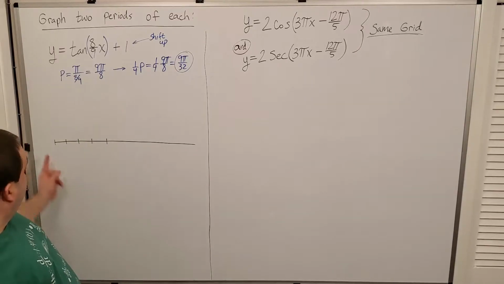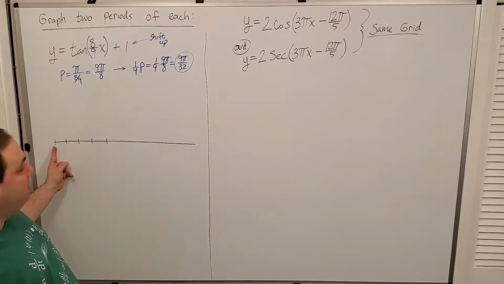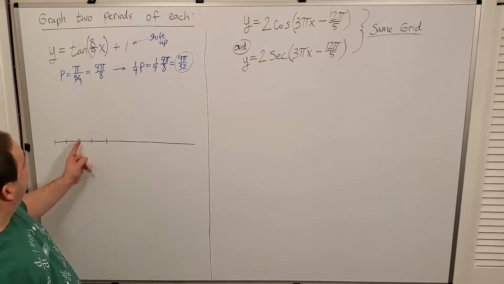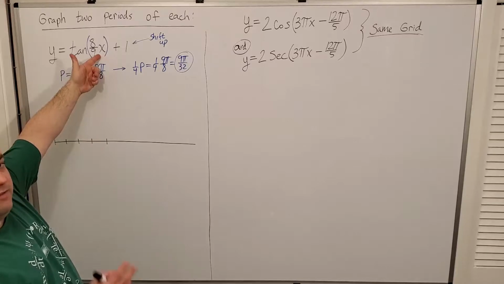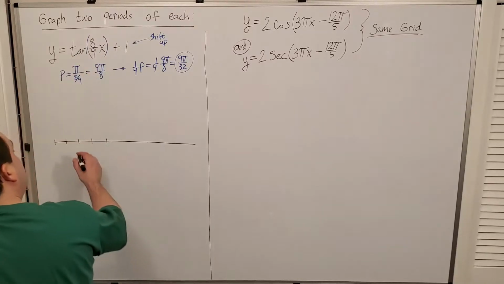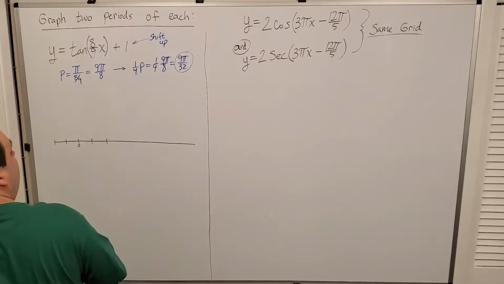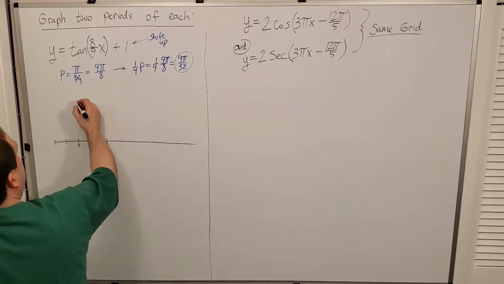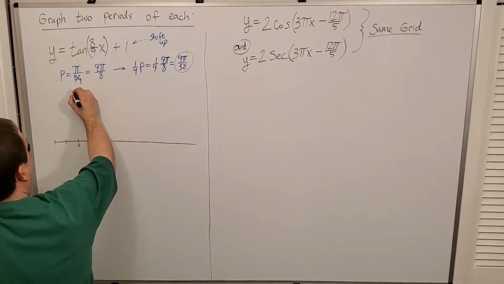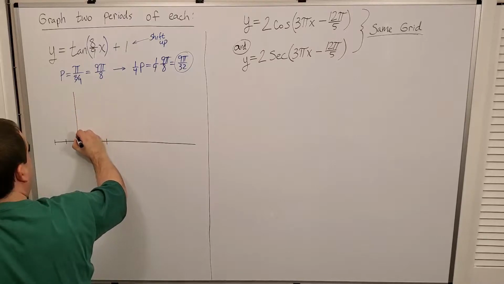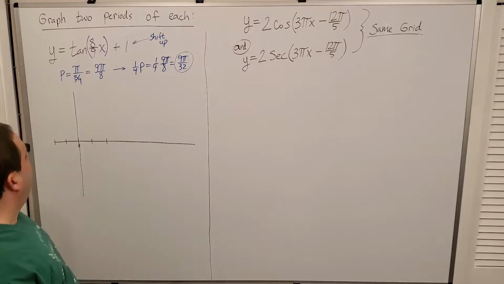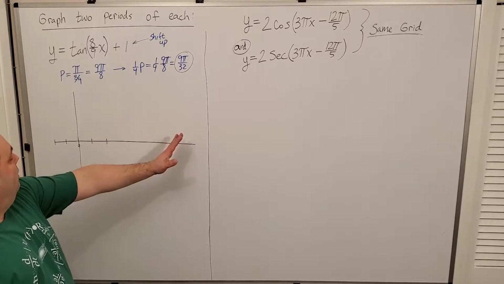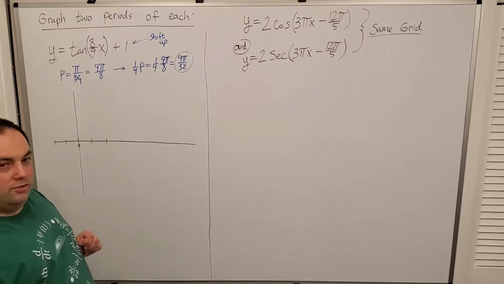If it were cotangent, I would have started here on this end, but here, that's this one. Now, what's nice about this is I don't have a left or right shift, so this is automatically 0, which also means that this is my y-axis here. Okay? And then for another period in a minute, we'll do 5 more marks.